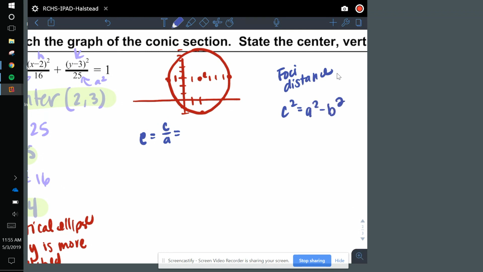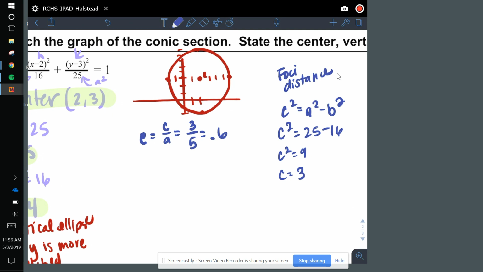So c squared is equal to 25 minus 16, which is 9. So c is equal to 3. So I get 3 over 5, which is 0.6. So this is kind of somewhere in the middle. It's stretched a little, but not quite a circle.